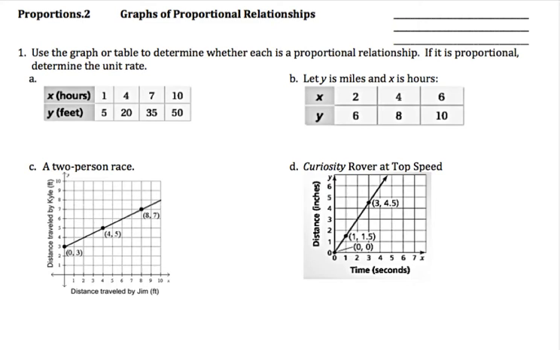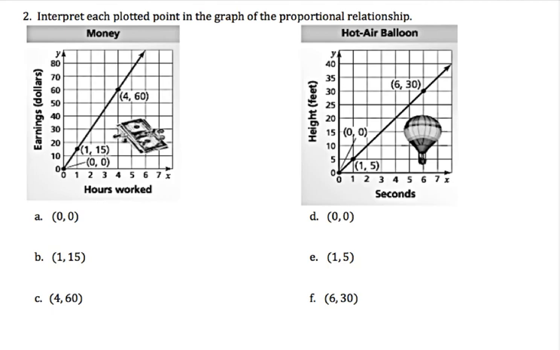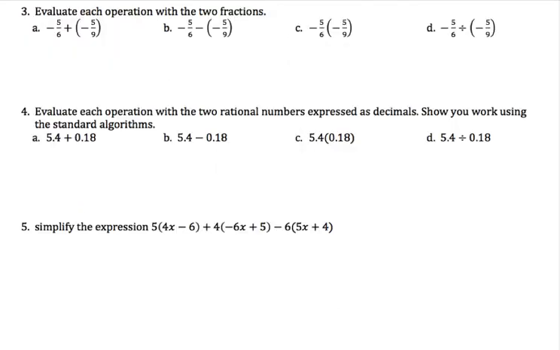Okay, on the practice assignment, use the graph or table to determine whether it's a proportional relationship. If it is proportional, you'll give the unit rate. So it's a yes or no. If yes, give me the unit rate. If no, just tell me it's not proportional. Number 2, you are interpreting the points. You tell what the 0, 0 means, what the 1, 5 means. Number 3, you're going to add, subtract, multiply, and divide the two fractions. Number 4, you'll do it with the decimals.